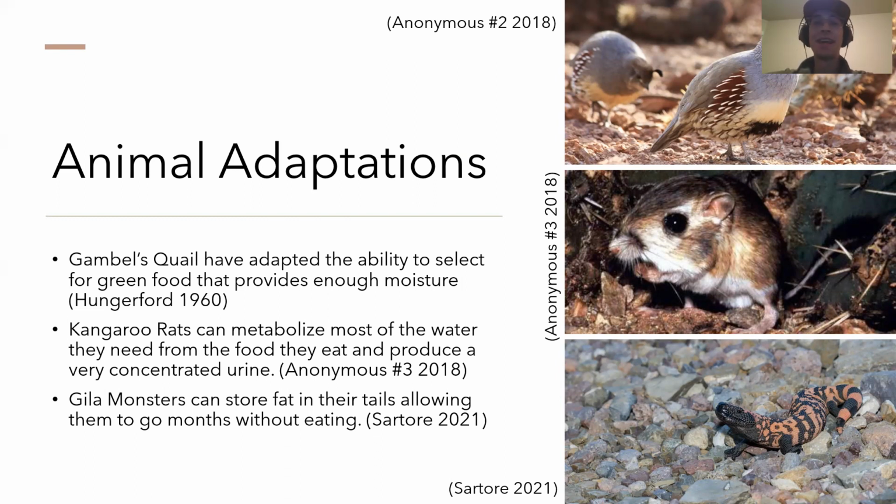This is also the case with the kangaroo rats, who metabolize most of the water they need from their food, and they can produce a very concentrated urine. So while the quail are looking for moisture-rich foods, kangaroo rats mostly eat grain, and their kidneys are developed in a way that it's both a physiological and a morphological adaptation where they can get all of the water that they need out of the food that they eat.